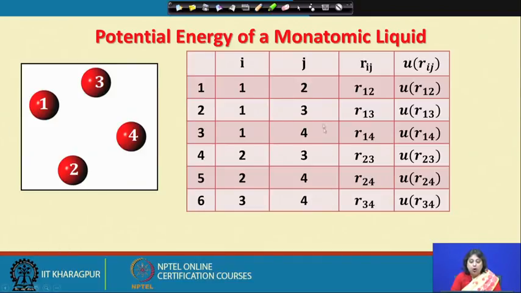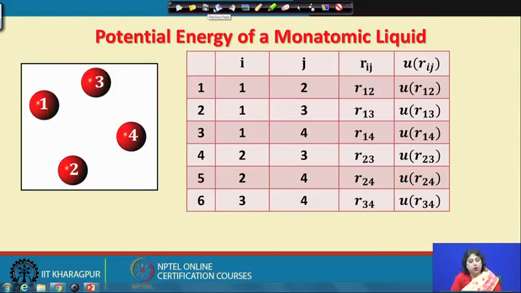But for our purpose of understanding, I have labeled them as 1, 2, 3, 4, and then I can write down all possible pairs i and j, and you can see very easily that there will be 6 such pairs. For every pair, I can find the distance between the two atoms, which I call r_ij. So, if I consider 1 and 2, I measure r_12, and the potential energy between 1 and 2 is given by U of r_12.